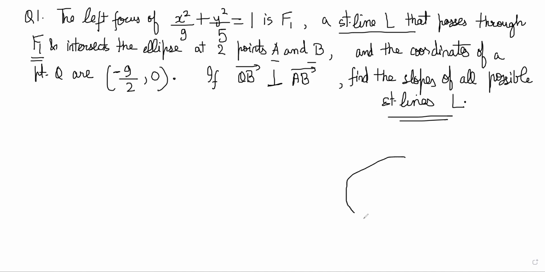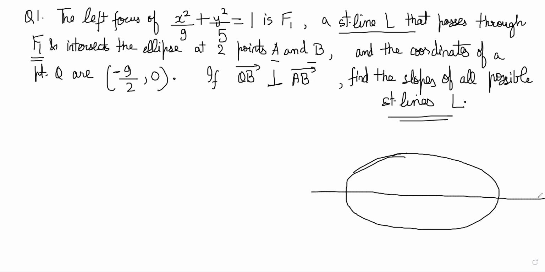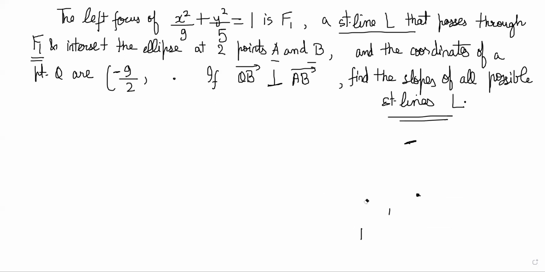So the graph looks somewhat like this. This is an ellipse. The left focus will be here, F1. We have a line through it cutting the ellipse at 2 points. One point is A here, and one point is B here. Okay, I'll just draw the figure again.